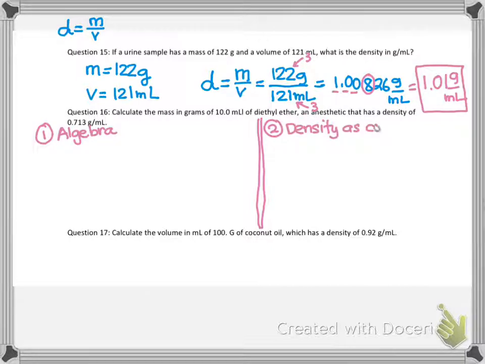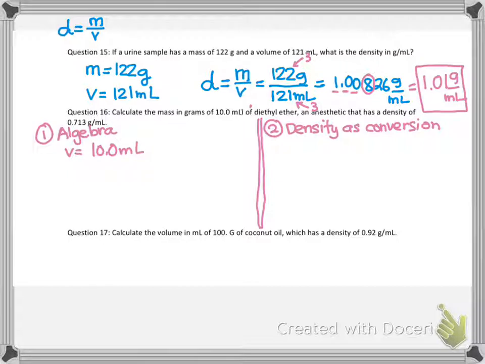I like the second way better, but you choose. You practice and choose. So question 16 says, calculate the mass in grams of 10, and I think I made a typing mistake. It should just be 10 milliliters. So that's the volume.